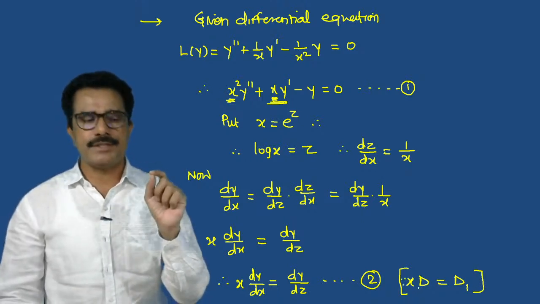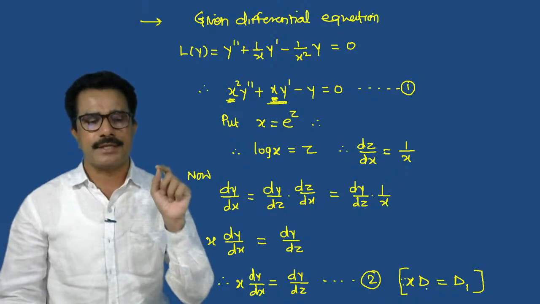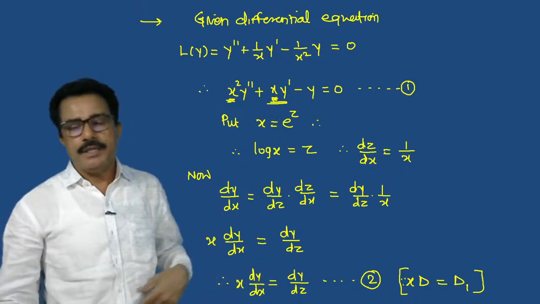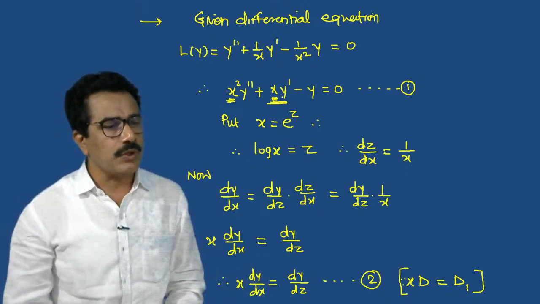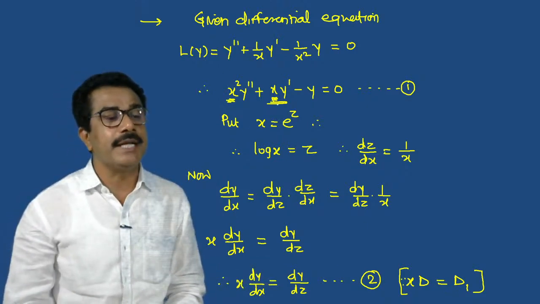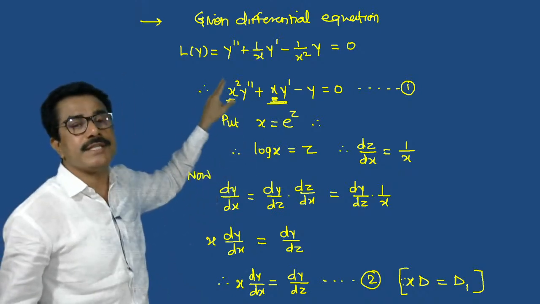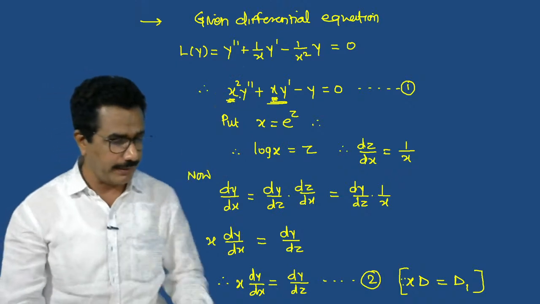D means the derivative with respect to x, D1 means the derivative with respect to z. Okay. Now we can replace the middle term. Next we have to find the value of the first term, that is x square into d2y by dx square.